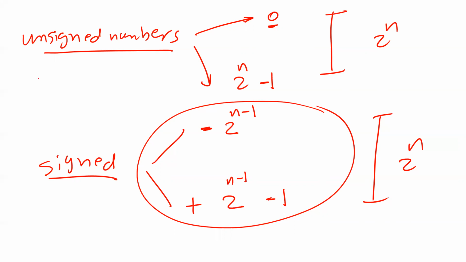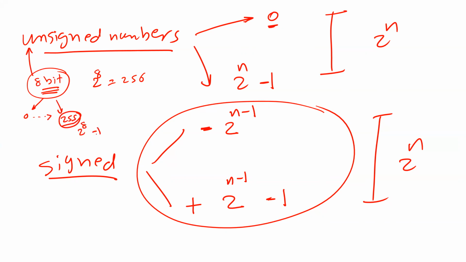If you have an 8-bit number and I tell you this is unsigned, that means all the numbers I have are 2 to the power 8, which is 256. However, the minimum number I can have is 0. I can have numbers from 0 until 255. 255 is 2 to the power 8 minus 1.